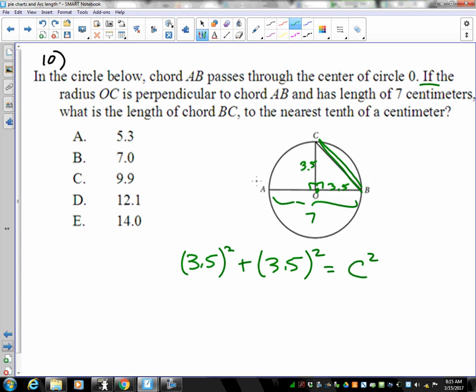So I'm going to type in my calculator here, 3.5 squared plus 3.5 squared, and that's 24.5. 24.5 is equal to c squared. Now I'll take the square root of both sides, and then the square root of 24.5. Okay, I'm getting here that this is approximately 4.95.